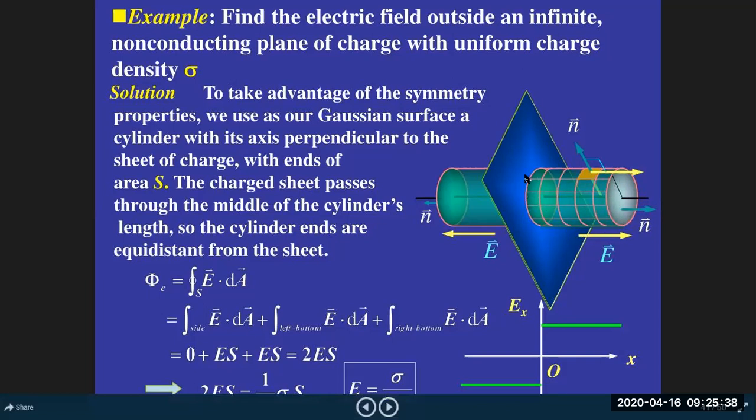This is a cylinder, say at a certain distance away from the sheet, and electric field is perpendicular to the sheet here. On the curved surface of the pillbox, electric field makes an angle of 90 degrees with the curved surface, so flux through this curved surface is 0. So we don't need to calculate this. But for flux through this surface, the area vector is directed in this direction and electric field is also in this direction, so here flux will be positive.